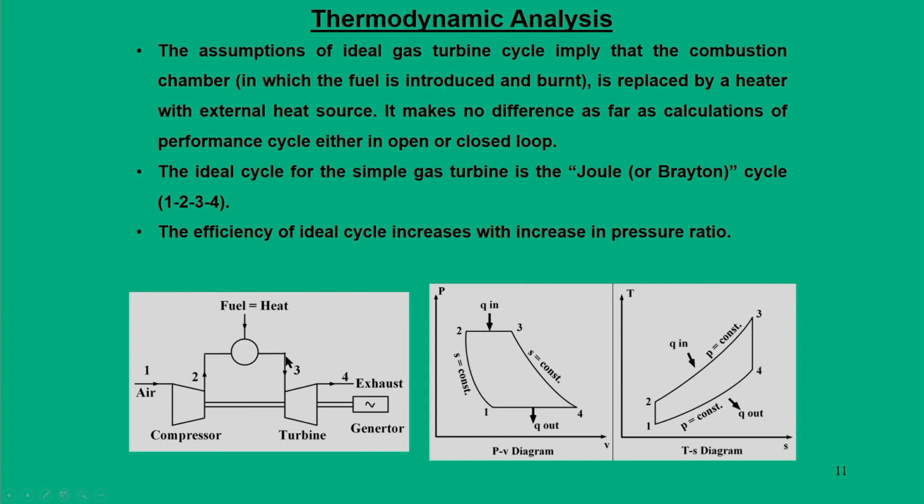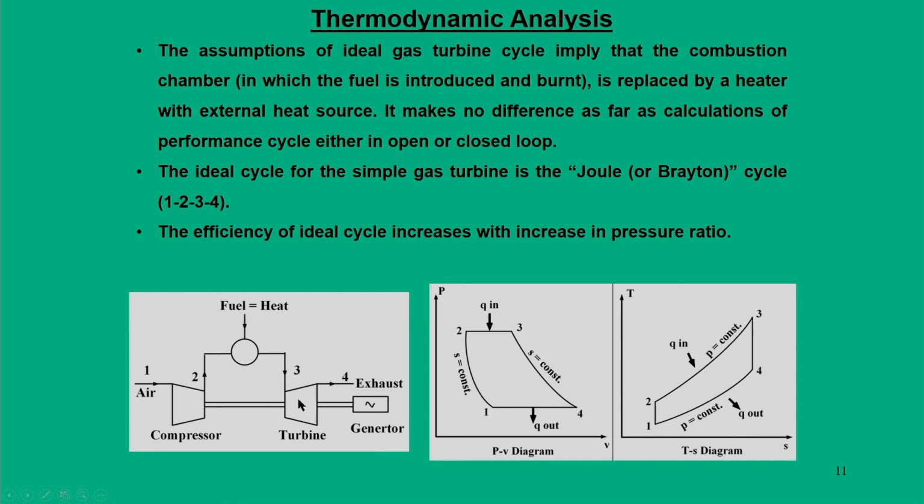And finally, the heated air comes out from the combustion chamber at state 3, and when it expands in the turbine, the state goes from 3 to 4, and throughout the process power output is developed.